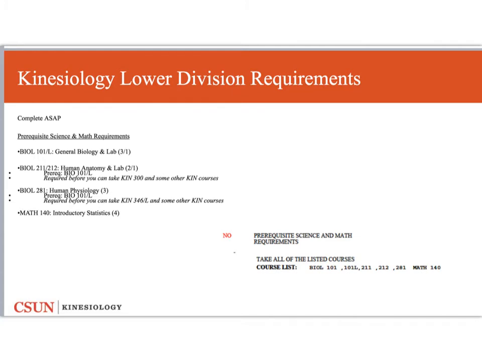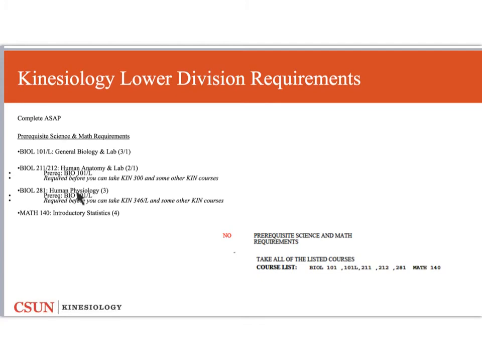And I'll talk in a little bit about what Kin 300 is, but all majors, kinesiology and athletic training, have to take Kin 300. Okay, so you need to make sure you get your anatomy out of the way so that you can take Kin 300. It's also a prereq for some other kinesiology courses, so you need to get that anatomy in as soon as possible.